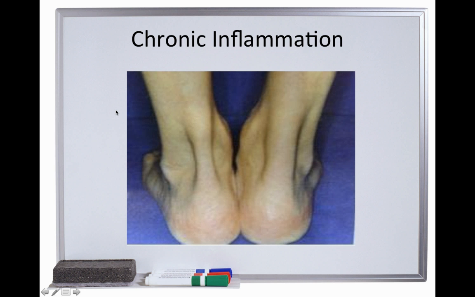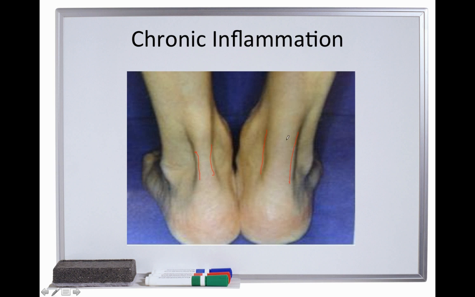Chronic inflammation, this is going to feel and look a little different than the acute inflammation. So in chronic inflammation, you can see here's the edges of this Achilles tendon here versus the edges of this Achilles tendon here. This one is not red.